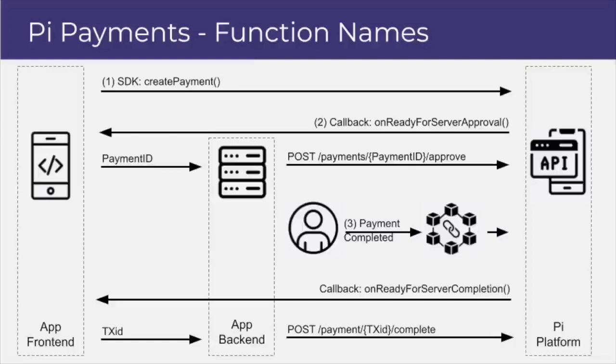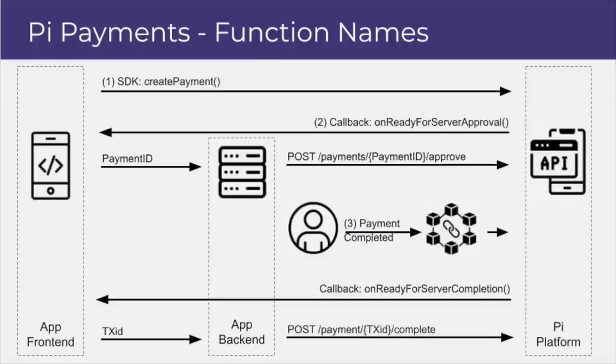SDK meaning the front-end JavaScript library that gets integrated into the app front-end. And the app front-end calls a method that's called createPayment. And createPayment takes a few JavaScript callbacks, so small methods that are used to handle events happening on the payment.